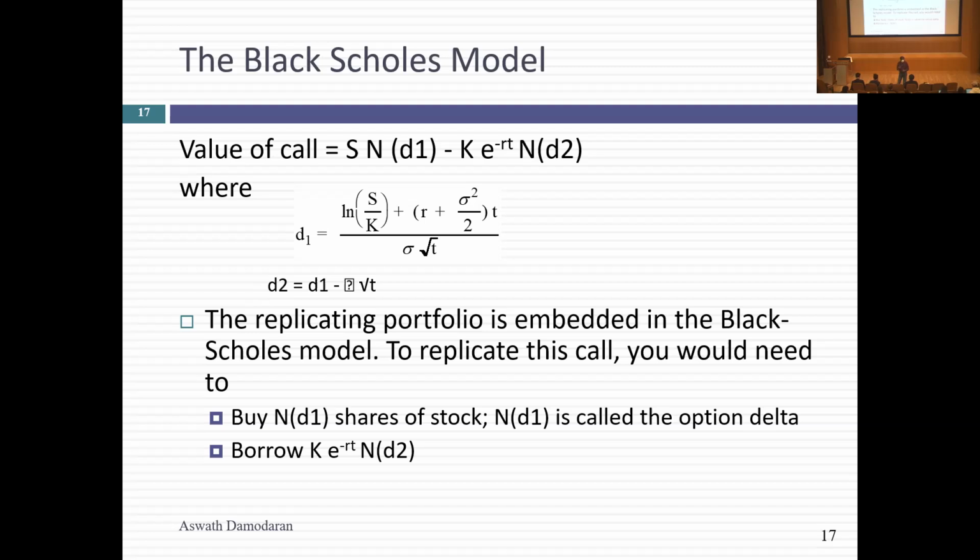In fact, if you've ever hung out around people who trade and research options, you don't want to spend too much time around them. But they speak a lot of Greek, not actual Greek, but they use a lot of Greek letters. Delta, gamma, theta, vega. You know what every single one of those Greek letters captures? It captures how the replicating portfolio changes as something changes. For instance, the stock price goes up, the option delta will change.